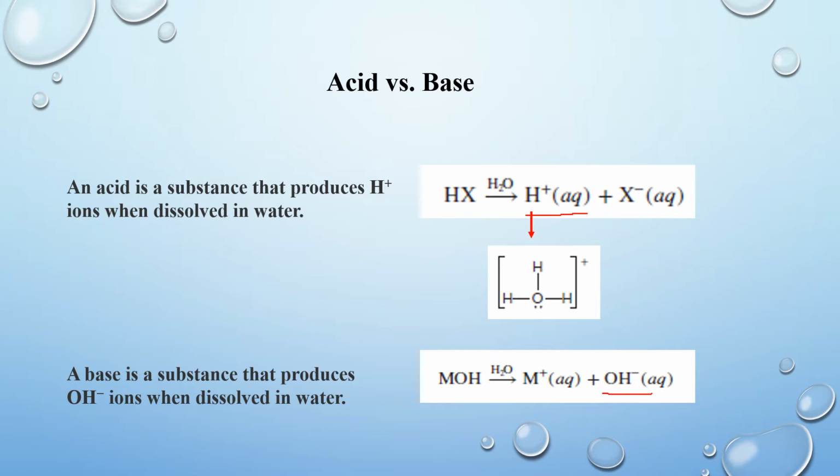So they actually form this H3O positive ion, which is called a hydronium ion. But by convention, we don't write the proton in this form. We just use H plus to represent this hydronium ion. But you should know that inside water, it is the hydronium ion, not the proton itself.